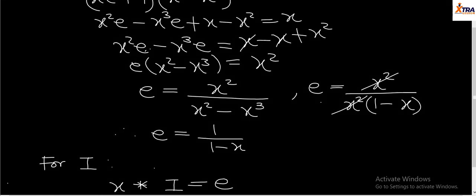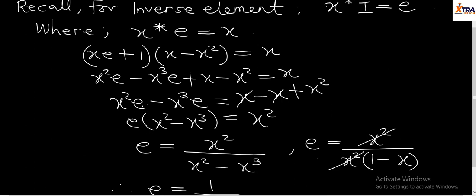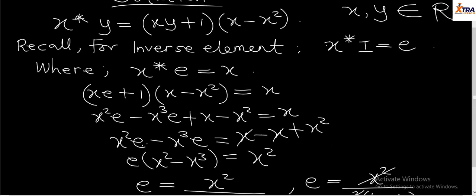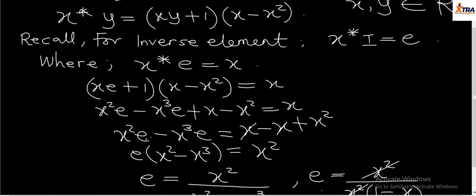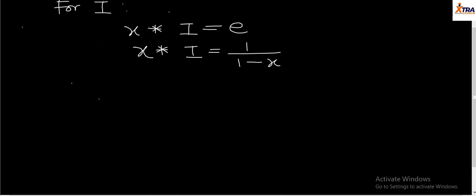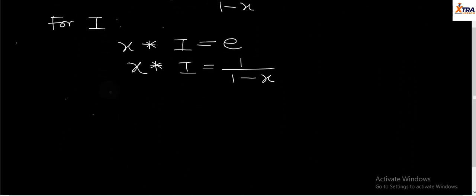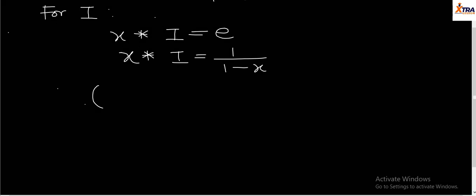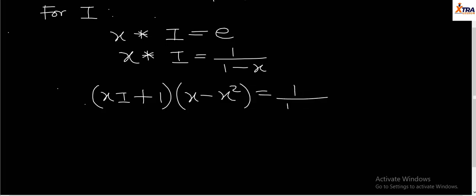We have x operation I, that is (xI + 1) times (x minus x squared) equals 1 over 1 minus x.